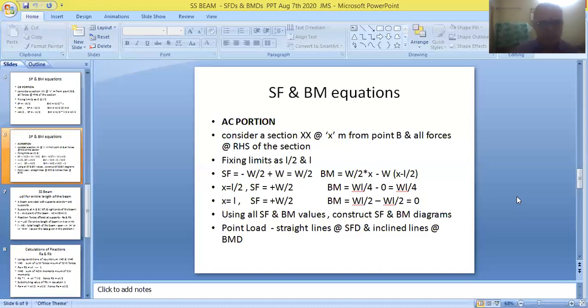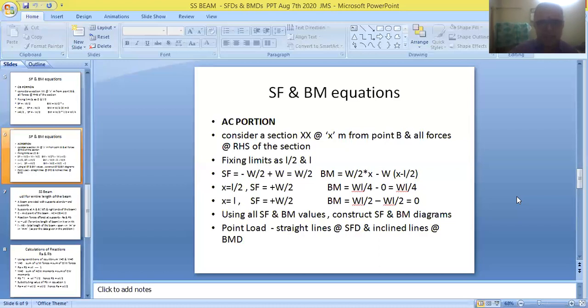Now friends, take the value of x as L by 2 and substitute in these equations. We get the first set of SF and BM values. Take the value of x as L and substitute in these equations. We get a second set of SF and BM values. So friends, SF is obtained as plus W by 2. Here also it is plus W by 2.